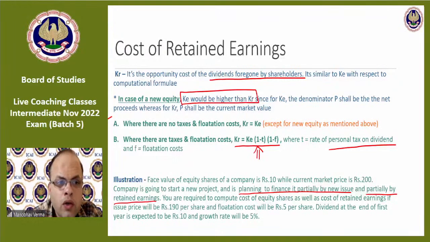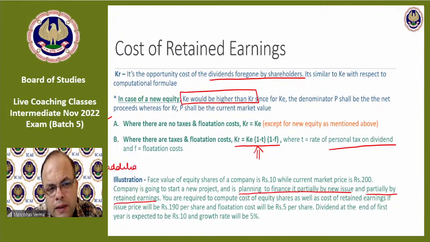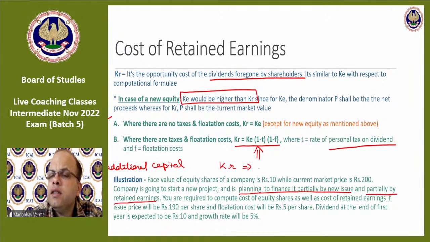So for the cost of equity, we are talking about additional capital. Hence, we need to calculate the KE. But for KR, because it is already there, we can use the existing market price for net proceeds.